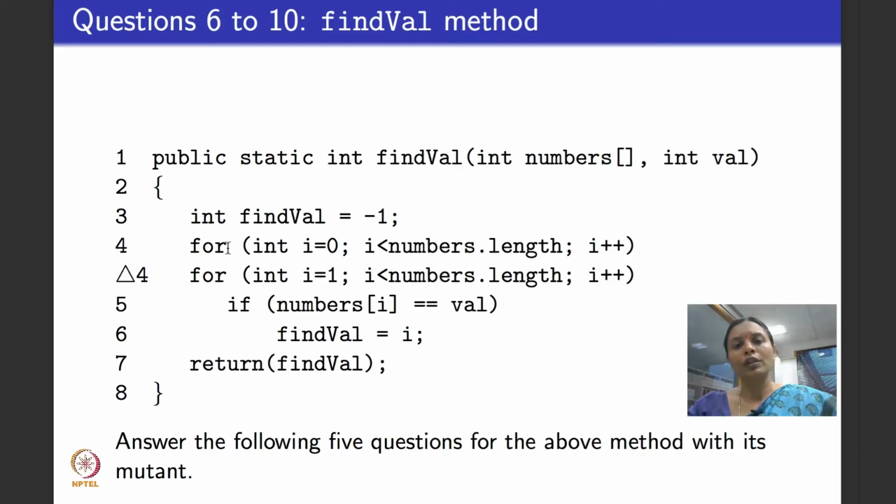What is the difference between the two? The difference is array indexing in the for loop in the original method begins at 0, and in the mutated program it begins at 1. So the mutation that we have made is we've just changed the array index to begin from 1 instead of beginning from 0.